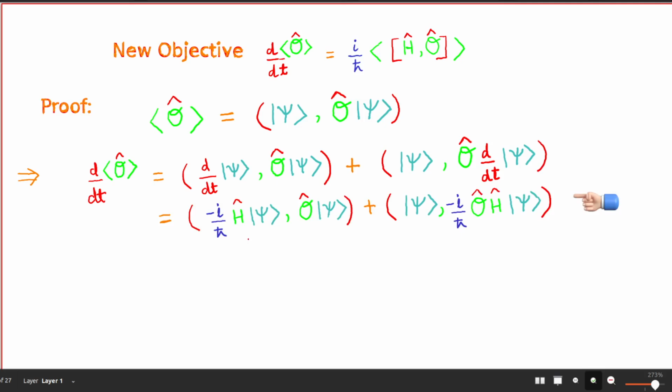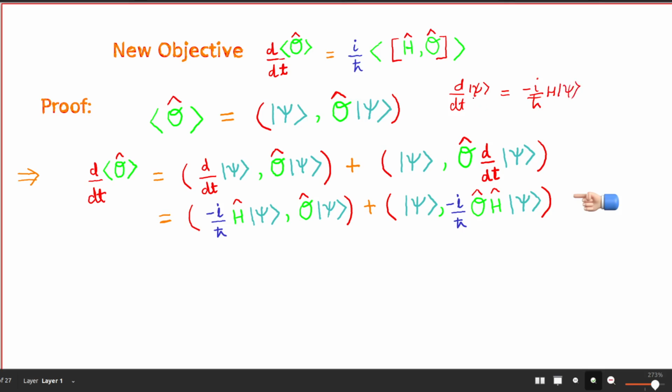Now when we use the Schrodinger equation, the time derivative of state psi can be written as minus i by h bar and H acting on psi.